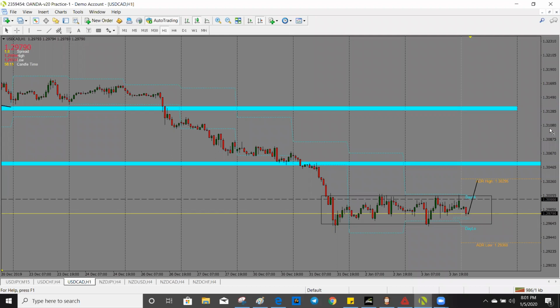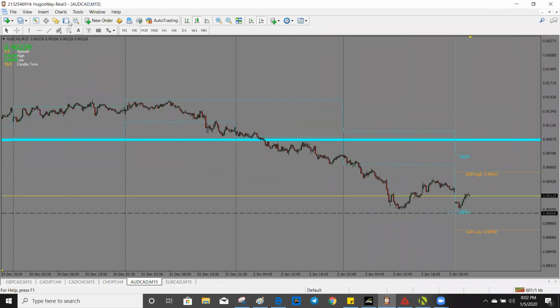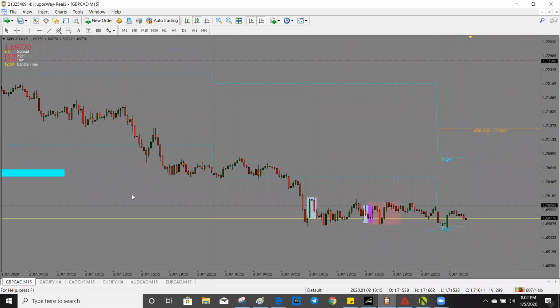But remember, family, if we see a break to the low, right? We see all of them, for example, let's say this comes and breaks to the low, all of them go the other way, obviously.